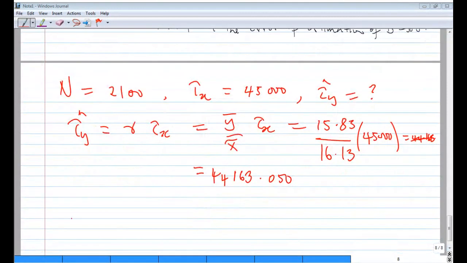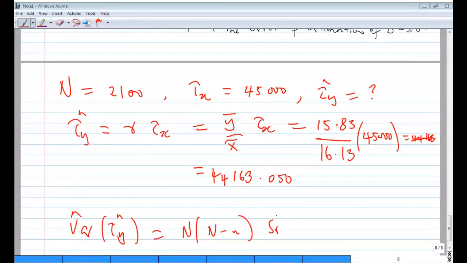Can you find the estimated variance of that estimated total? Give me the formula. It's N(N minus n) times s_r squared over n.